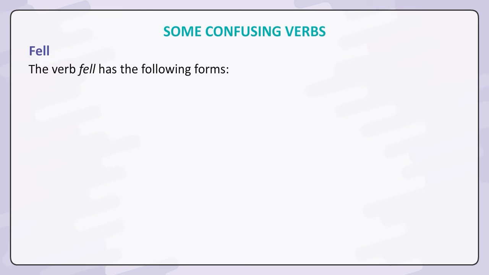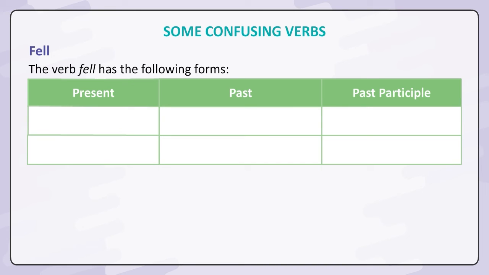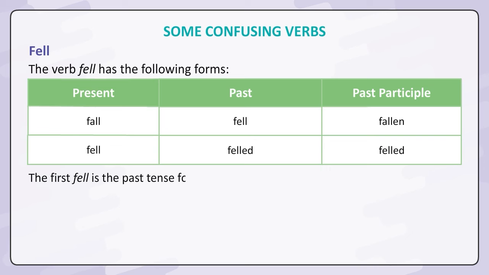Fell. The verb fell has the following forms: present, past, past participle. Fall, fell, fallen. Fell, felled, felled. The first fell is the past tense form of the verb fall. It means to lose one's balance.